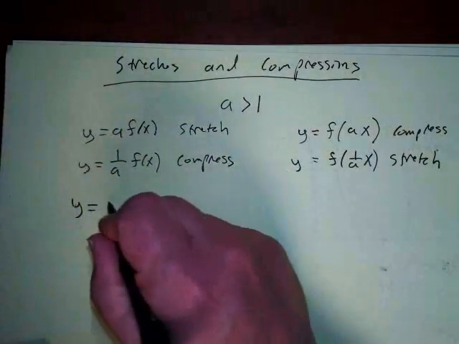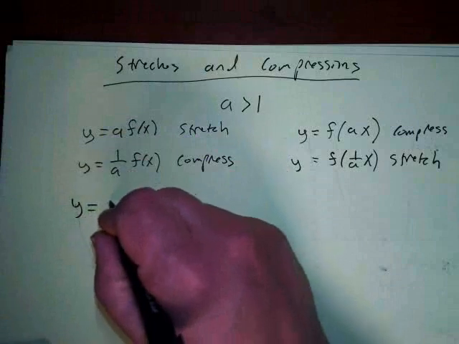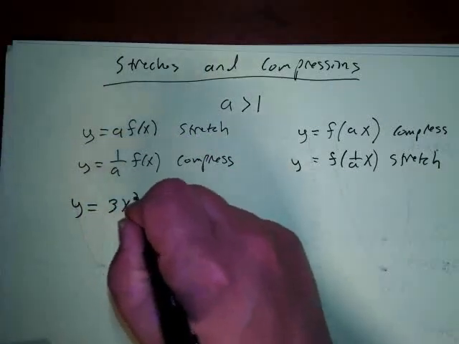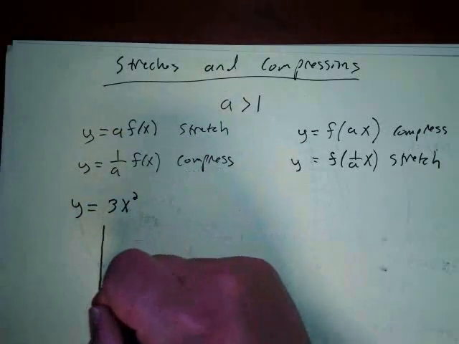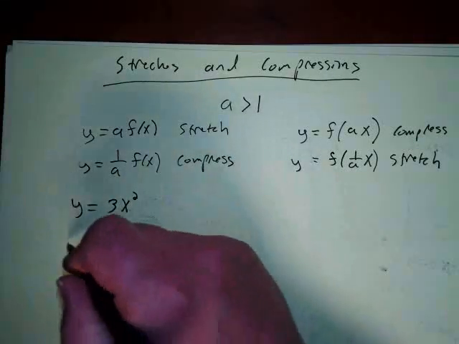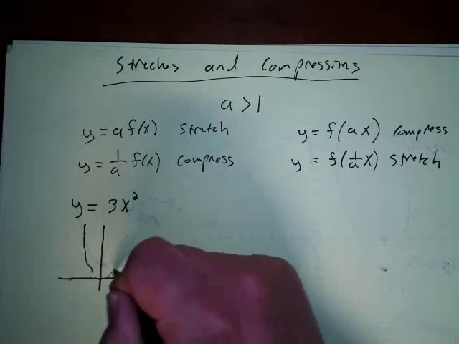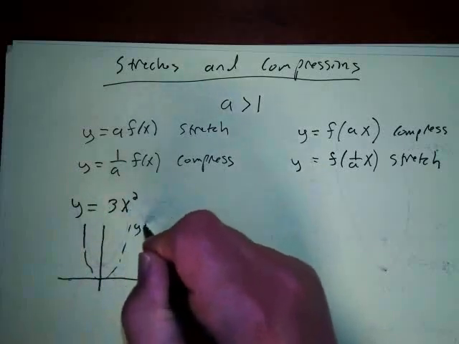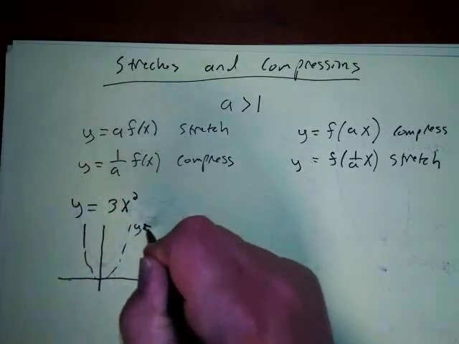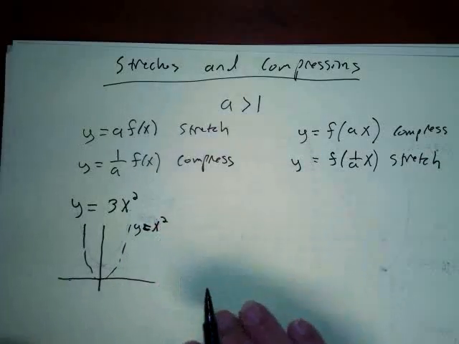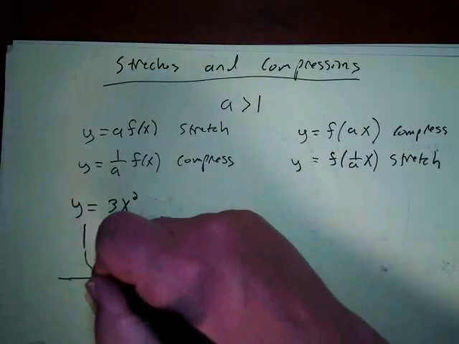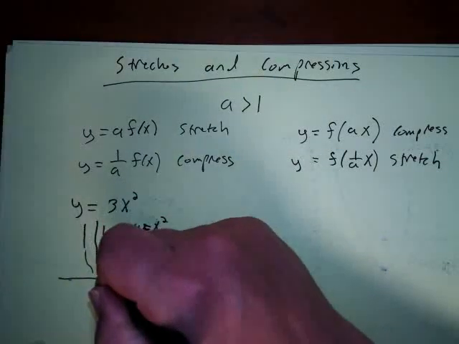Y is equal to 3x squared. If this is your regular y equals x squared, then this thing is going to rise up 3 times as fast.